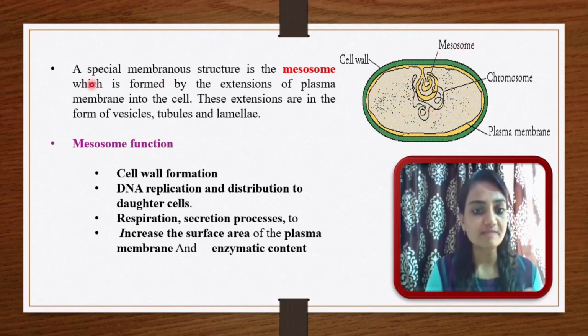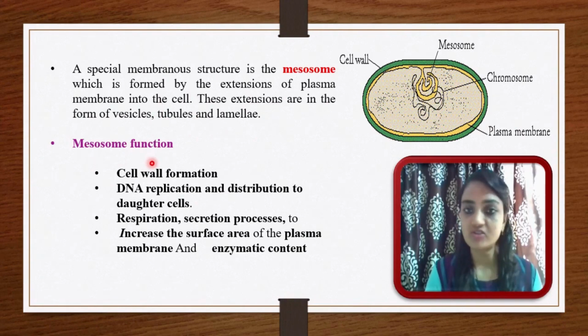A special membranous structure called a mesosome is formed by the extension of the plasma membrane into the cell. Here you can see it is actually a cell membrane extension inside the cell. These extensions are in the form of a vesicle, tubule or lamella. It is different in different cases. What are the main functions of a mesosome?